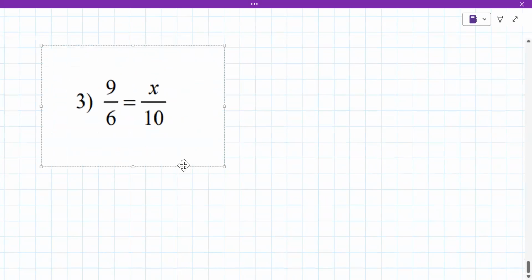All right, so here's a proportion. Forget about this 3 for a moment. You can pre-reduce, but I don't know if you guys are still doing that. You can't pre-reduce 9 and 10, but you can reduce 6 and 10.